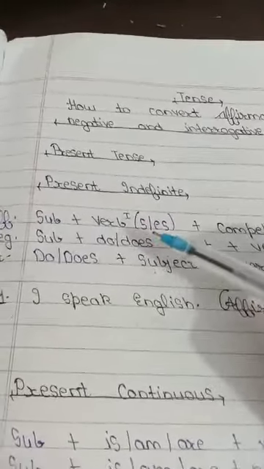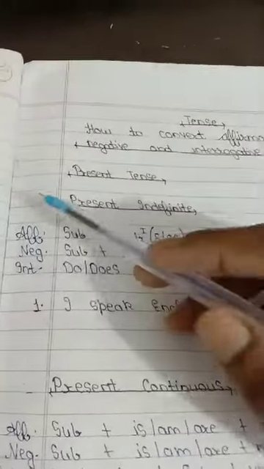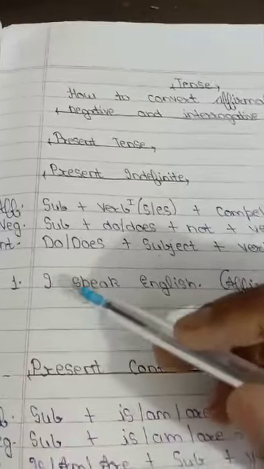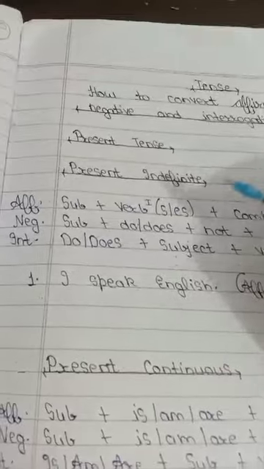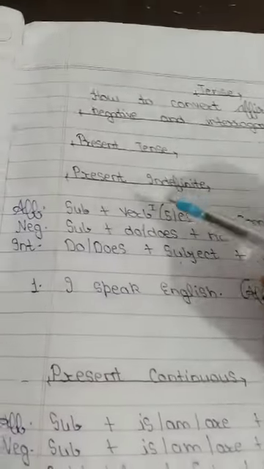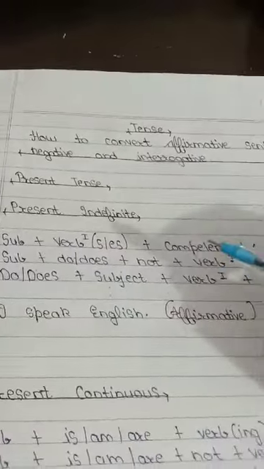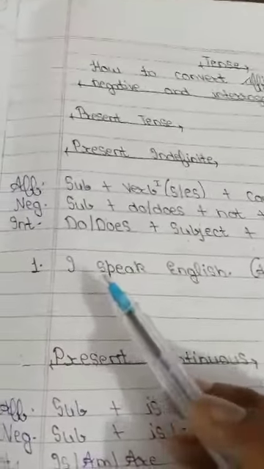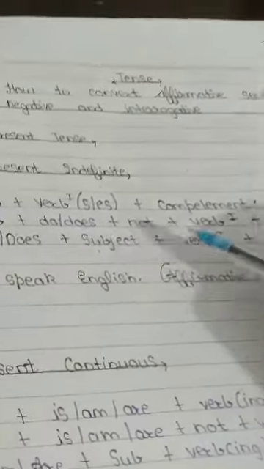S and es are used with a singular subject, but here I is a plural subject, so we don't write s and es. We only write the verb in its first form with complement. So here I speak English: I is the subject, speak is the verb, English is the complement.